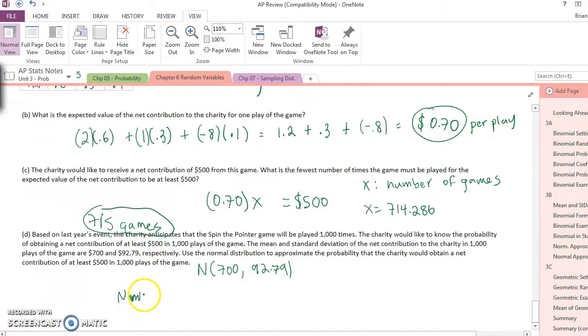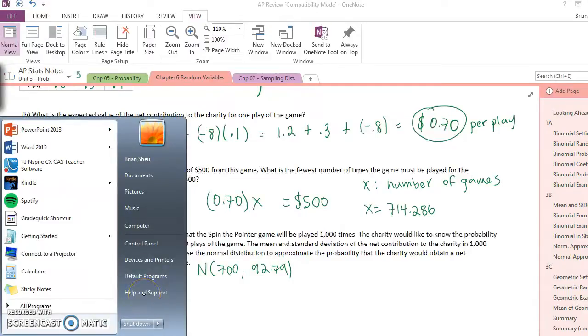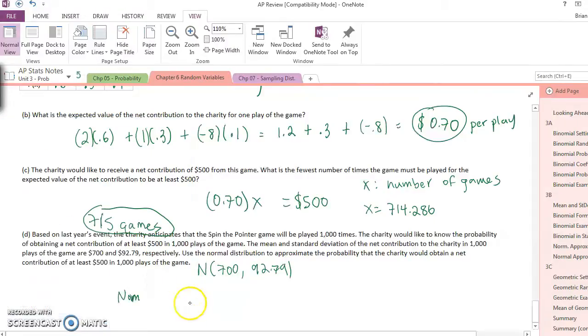Just write that you use that on your calculator, like this is the electronic function that you plugged into your calculator. Normal CDF from 500 to infinity. Or if you use the TI-84, it's 1E99, which represents infinity.